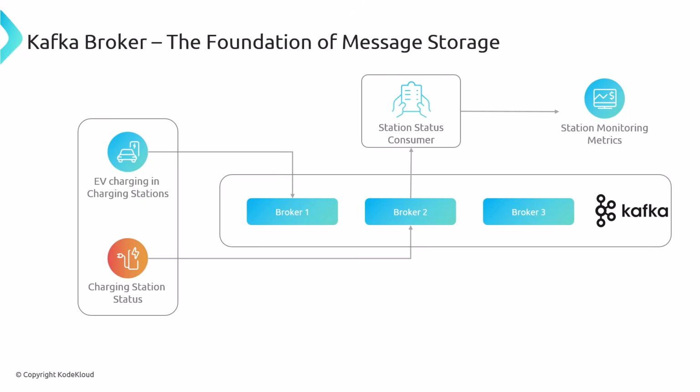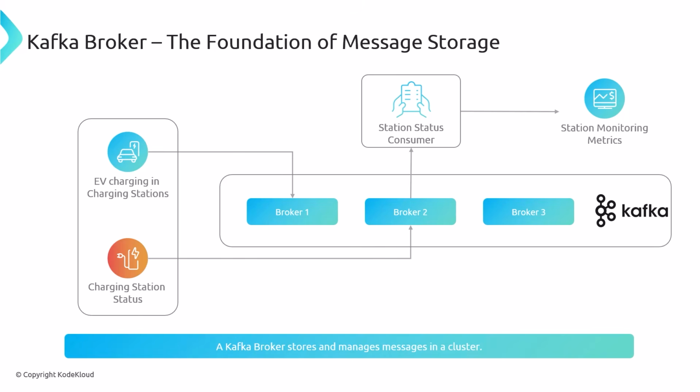The messages or the events that flow through Kafka are actually stored on brokers, and in turn these store the information on the hard disk. So to summarize what is a broker, a Kafka broker stores and manages messages in a cluster. So this is the role of a Kafka broker, that is to store the events coming into Kafka and manage them properly.